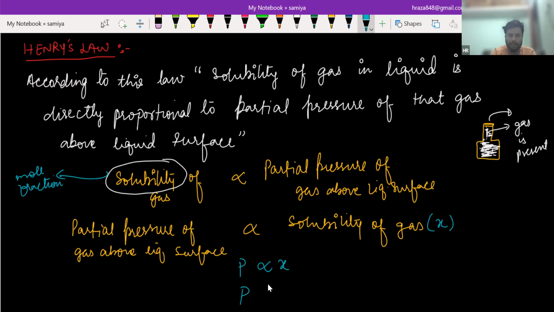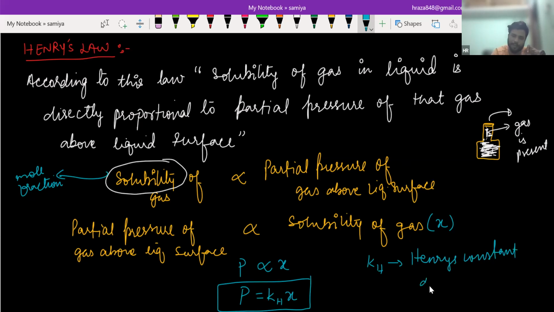And to remove this proportionality sign, we have a constant that is known as Kh, and Kh stands for Henry's constant. What does it depend on? Henry's constant depends on the solvent. Wait a minute, just don't write it yet.